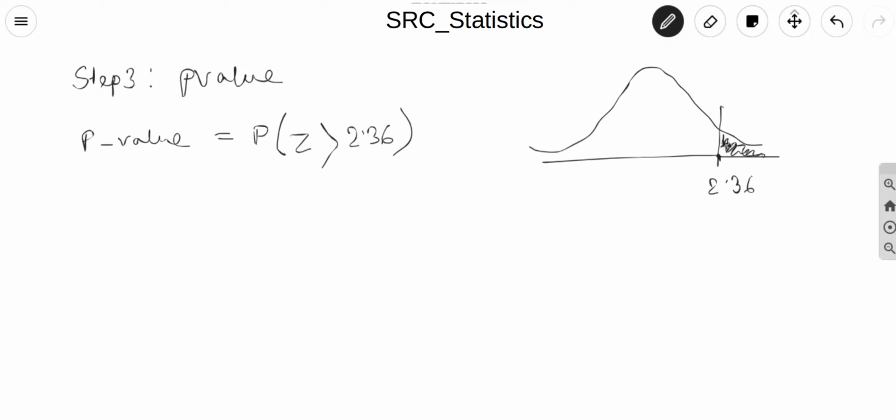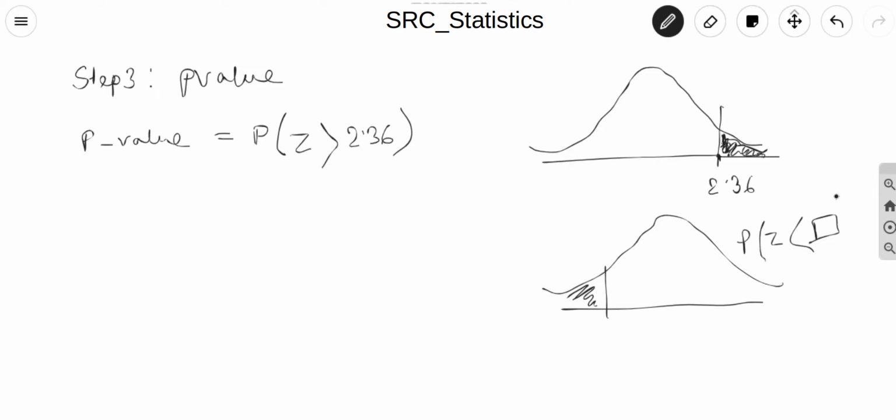Note that since this is a right tail test, the p-value will be at the right tail. If this was a left tail test, then the p-value would have been this one on the left side, and the formula would have been probability z less than whatever the value of the test statistic is.